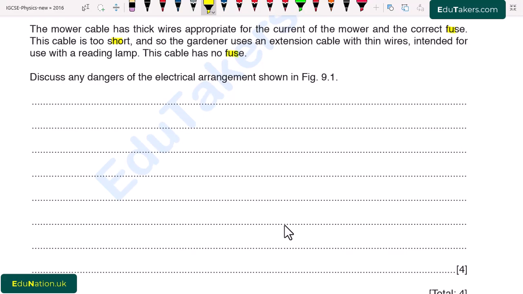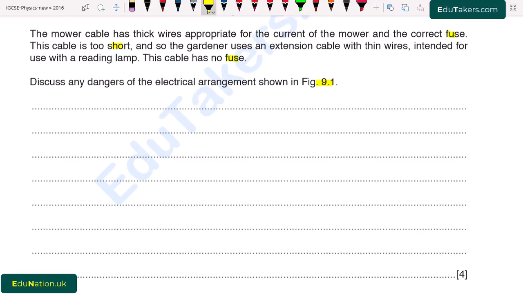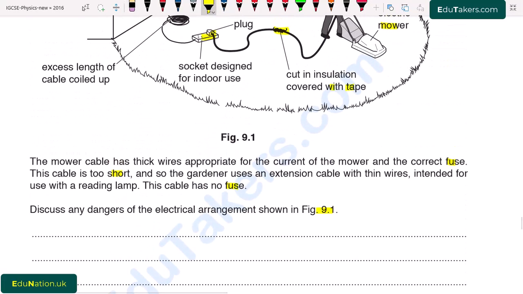Discuss any danger of the electrical arrangement shown in figure 9.1. It is given that the cable has no fuse. So if the thin extension cable carries too large a current, it may overheat, and as it does not have any fuse, it may cause fire.